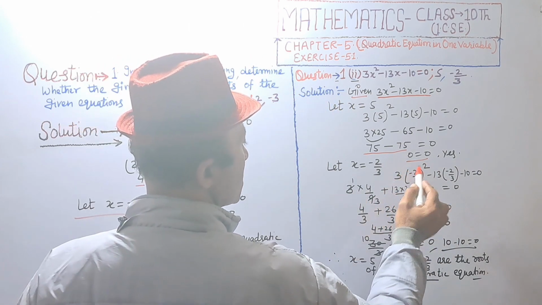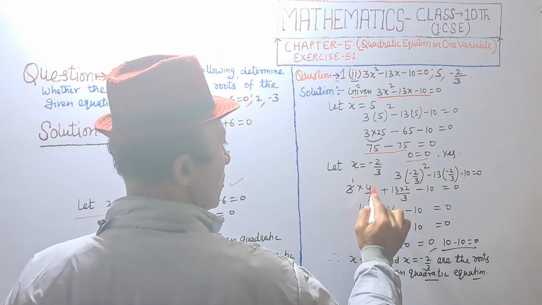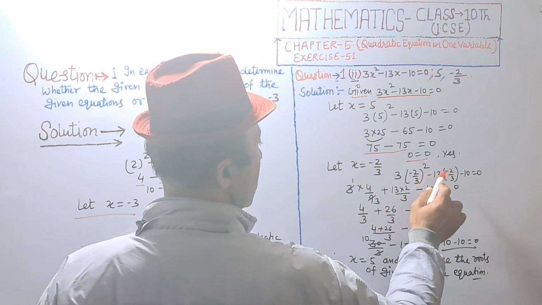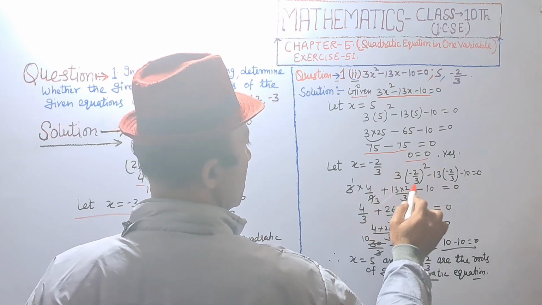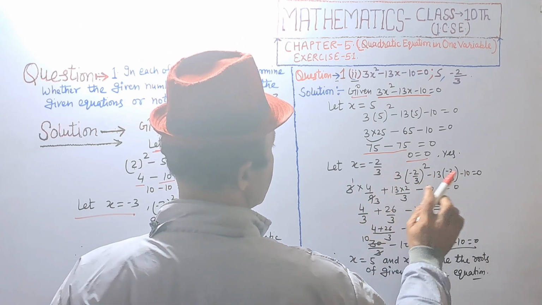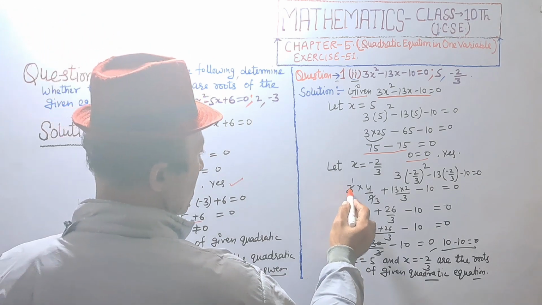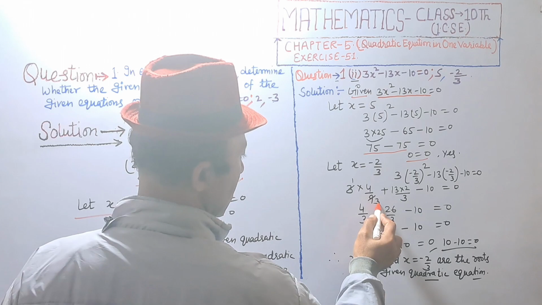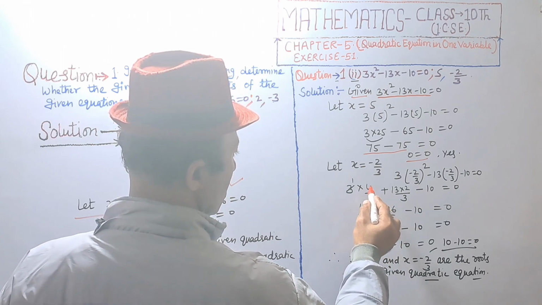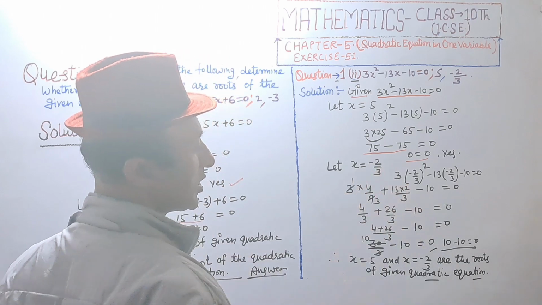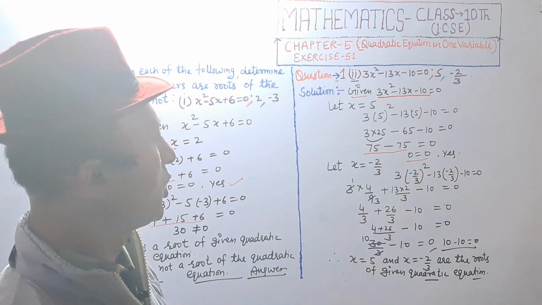Minus 2 upon 3 square will be positive, 2 2s are 4, 3 3s are 9, minus into minus will be positive, 13 into 2 upon 3 minus 10 equal to 0. 4 upon 3 plus 13 2s are 26 upon 3 minus 10 equal to 0.